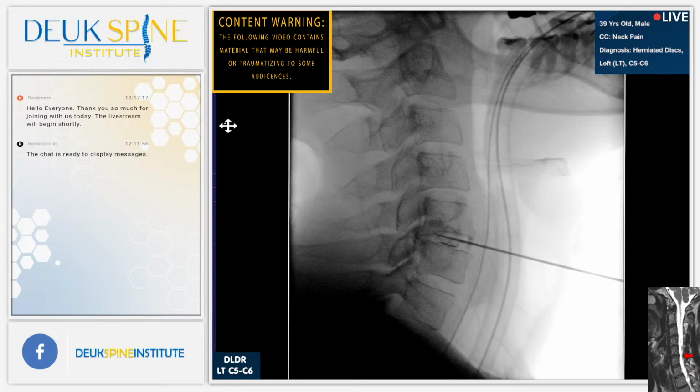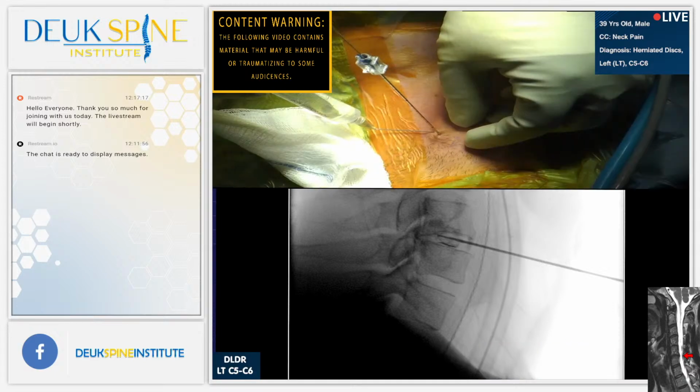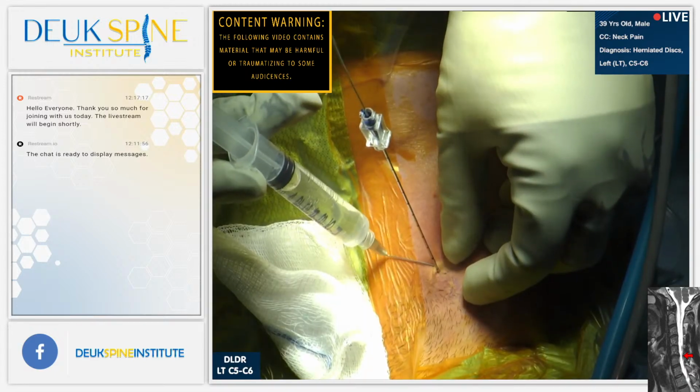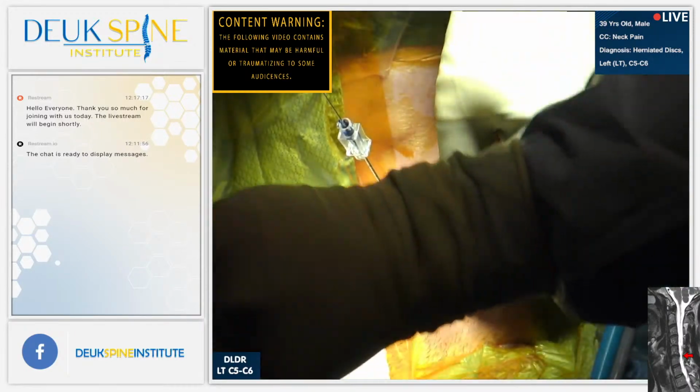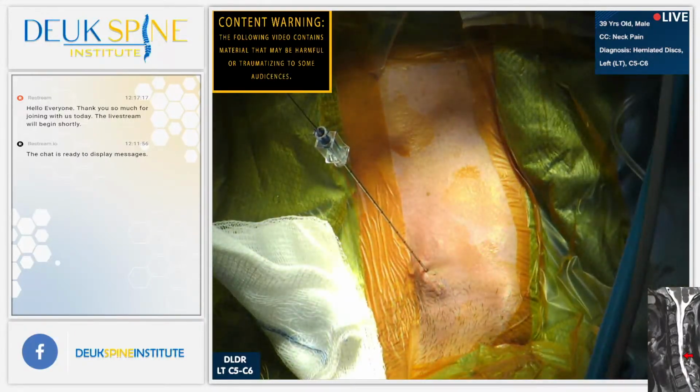Now, the first surgeons to do endoscopic cervical were the Koreans, South Koreans. As I said last surgery, Dr. Sang-Ho Lee and Dr. Gun Choi, they taught me about 18 years ago. I brought this technology to the United States.